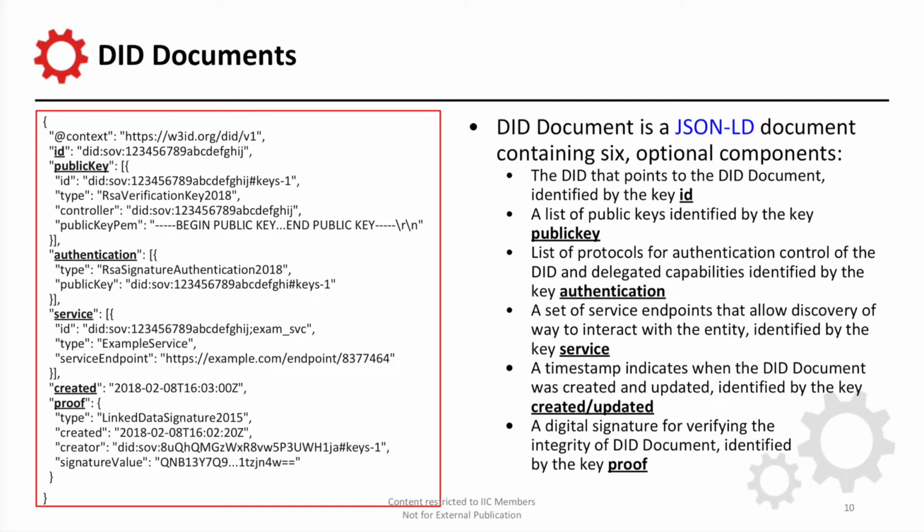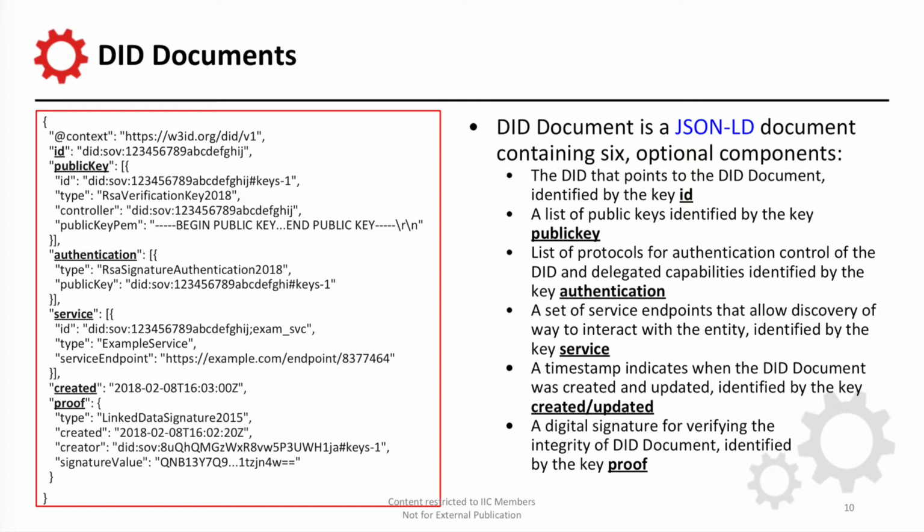Like in this case, you need to run an RSA signature authentication protocol with 2048-bit keys. Also, they provide a set of endpoints. That's where your identity will provide service. They tell you where to access the service provided by the identity behind this DID.